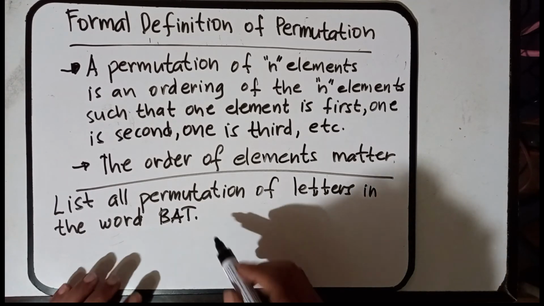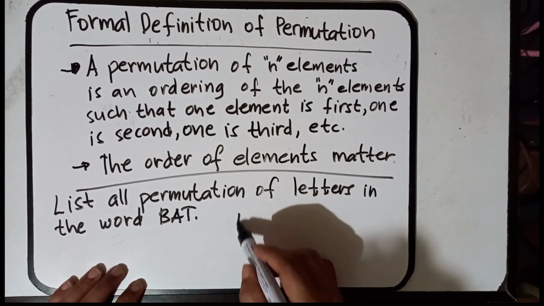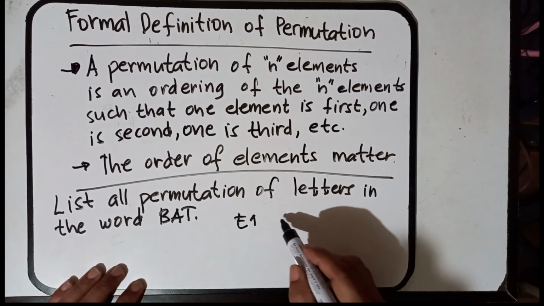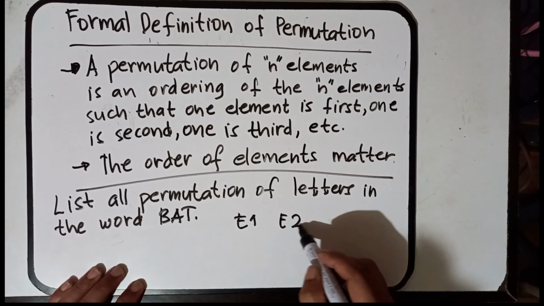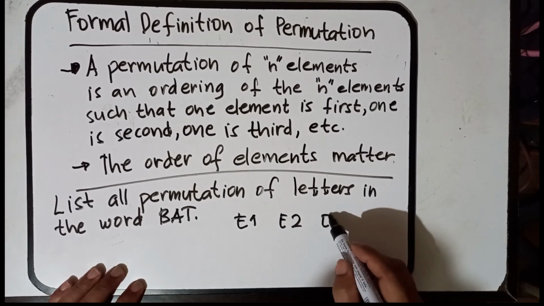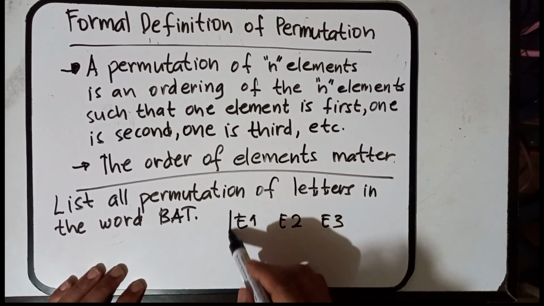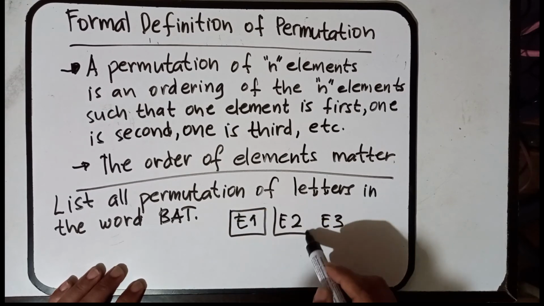So we have three letters here, so meaning we can have event 1, event 2, and then event 3.